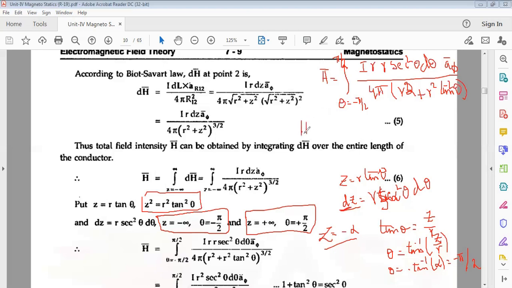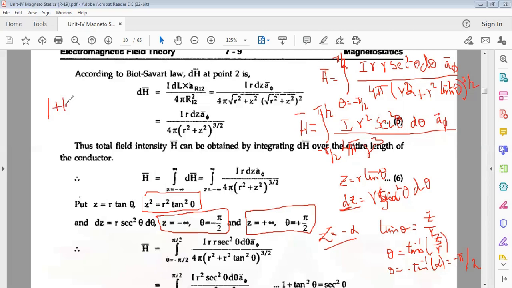Now simplify this. H bar is equal to the integral from minus pi by 2 to pi by 2 of I into R, which is R square secant square theta d theta, a phi bar, whole divided by 4 pi into, see, the R square you can take as common, whole power 3 by 2, to get R cube, and 1 plus tan square theta.